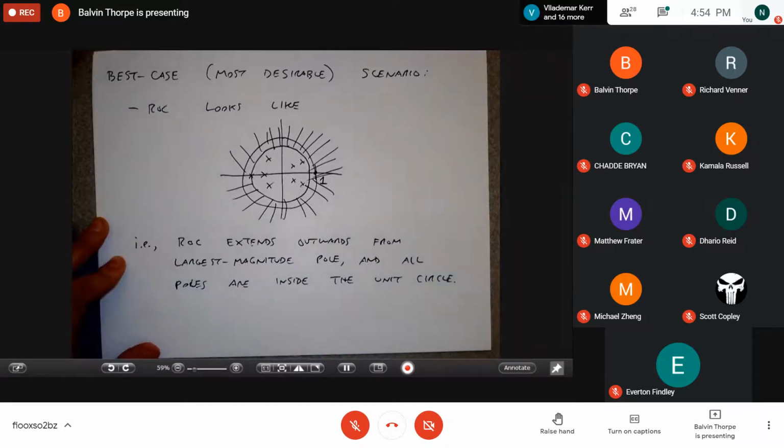Right, so when we design systems, especially things like control systems, this is what we want: we want to make sure that all the poles are inside the unit circle and that the ROC extends beyond the outermost pole, right? And this is exactly analogous to stuff that you must have done in signals where we wanted, for example, to push all the poles into the left half plane. That meant good things for continuous time systems.